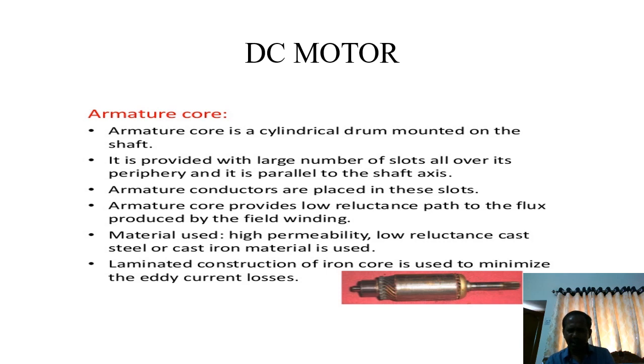Then these are completely laminated, which provides a low reluctance path to the flux produced by the field winding. The type of material we are using is low reluctance cast steel or cast iron.